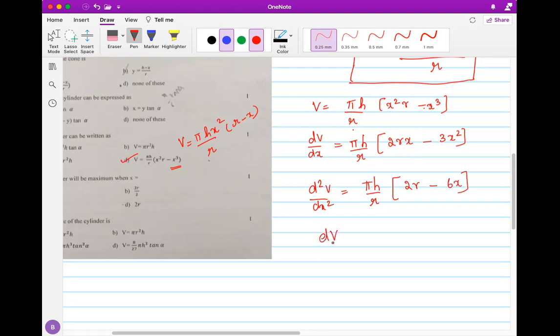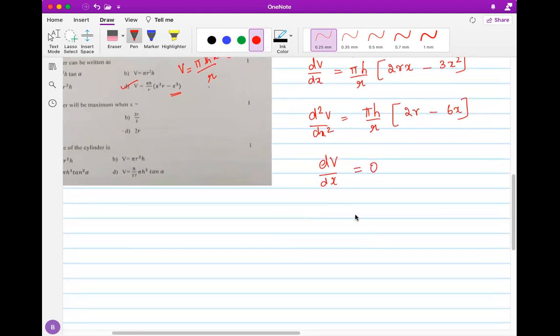Now we will equate dV by dx to 0. dV by dx is equal to 0. Now we find the critical point. So that is pi h by r into 2rx minus 3x squared, which is equal to 0.